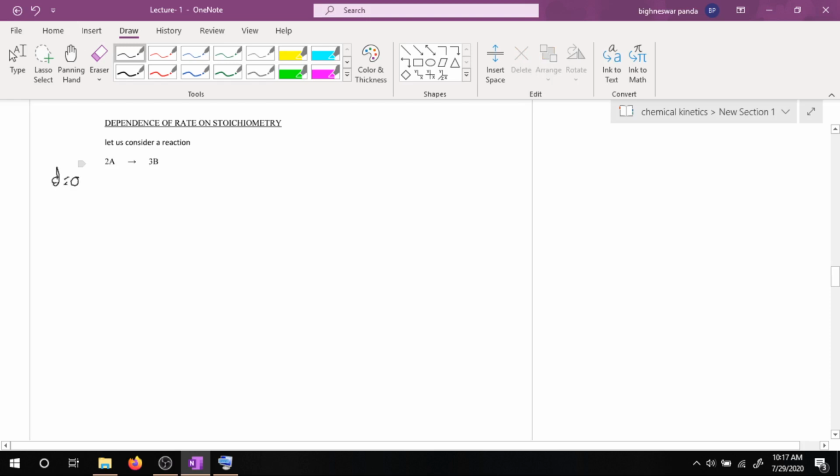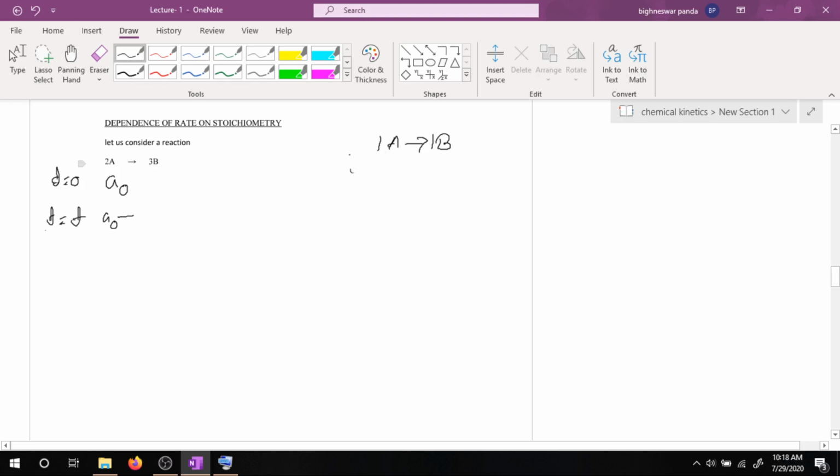What happens here, since the stoichiometry is 2 for A and 3 for B, when t is equal to 0, the initial concentration of A will be A0, and after some time t is equal to t, the final concentration will be A0 minus... Consider the previous example, A gives rise to B. Since there is 1:1 proportion, when 1 mole of A reacts, then 1 mole of B will be formed.